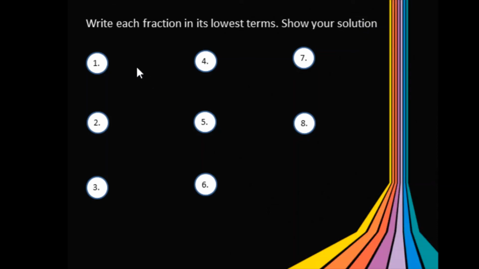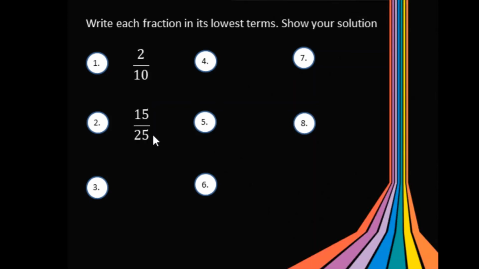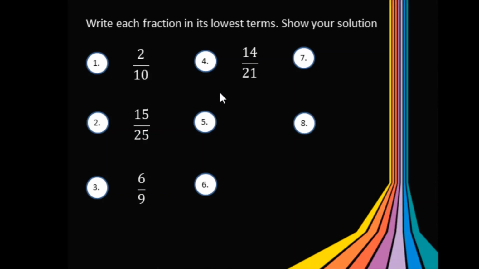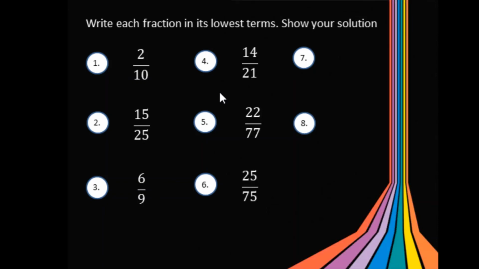For number 1, we have 2/10, 15/25, 6/9, 14/21, 22/57, 25/75, 4/6, and 9/27.